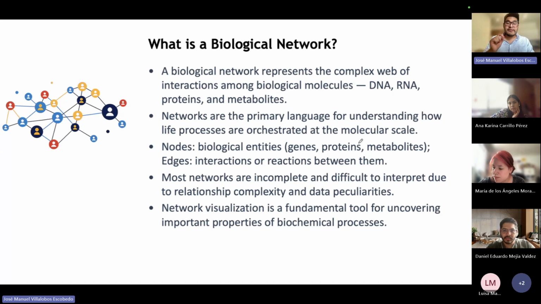So network visualization is a fundamental tool for uncovering important properties of biochemical processes. This is a very nice tool because we can summarize all of the information in one single graph that we are able to understand. And this kind of network has properties, particularly biological networks have very nice properties.